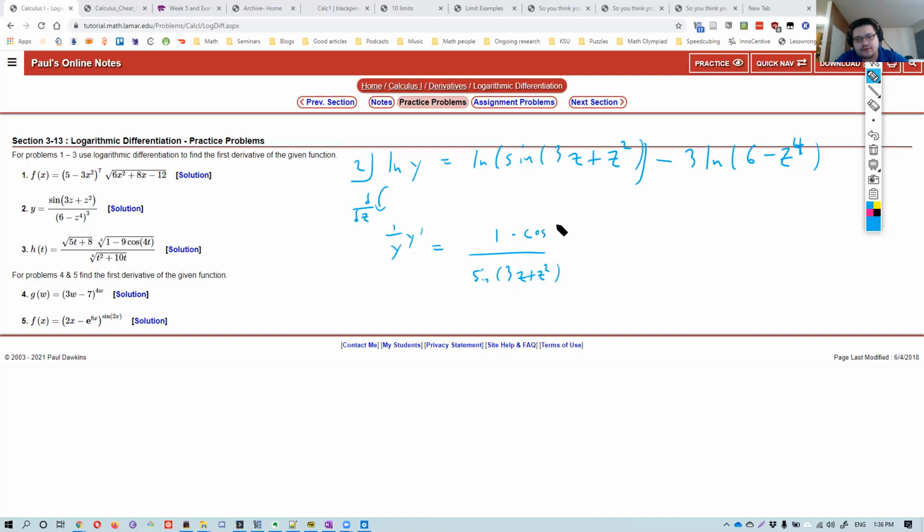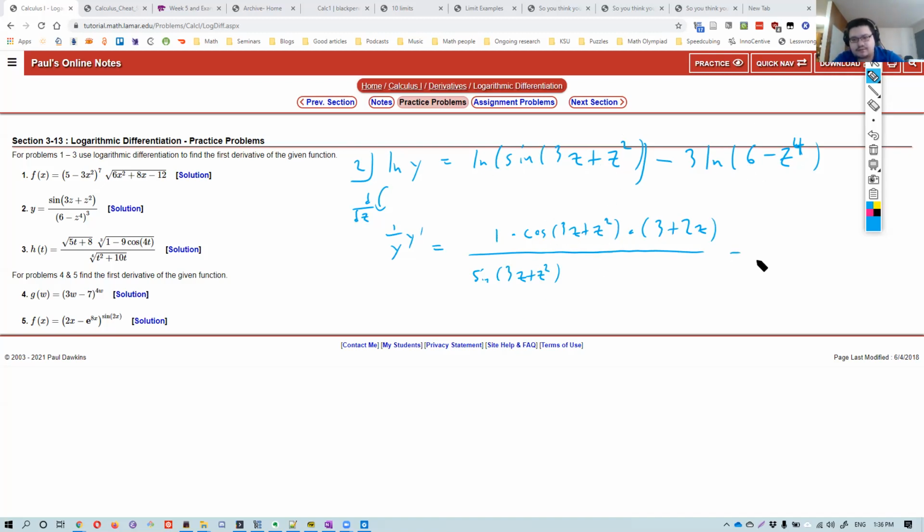So that'll be cosine of 3z plus z squared. But then there's an additional piece where we take the derivative of its inner function, which is 3z plus z squared. So the derivative of that is going to be 3 plus 2z. So all of this is the first term differentiated.